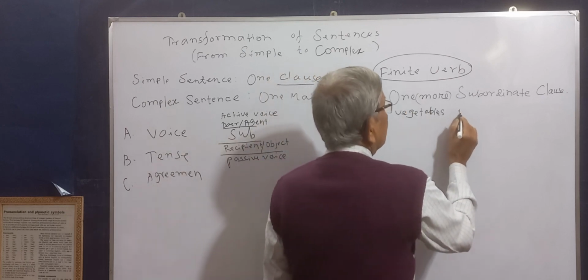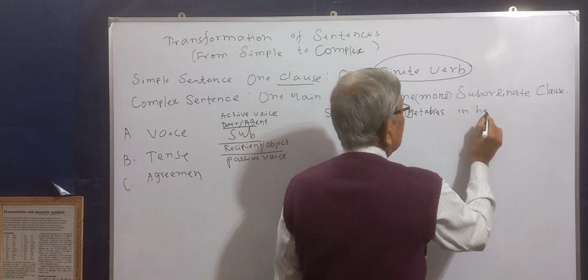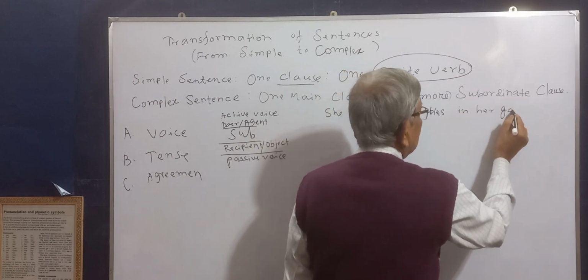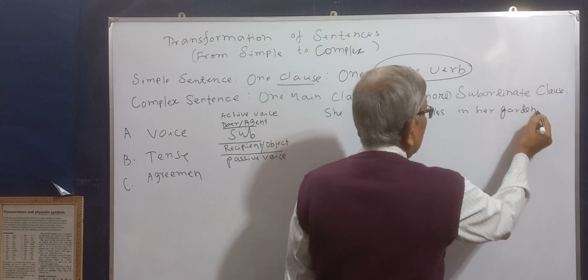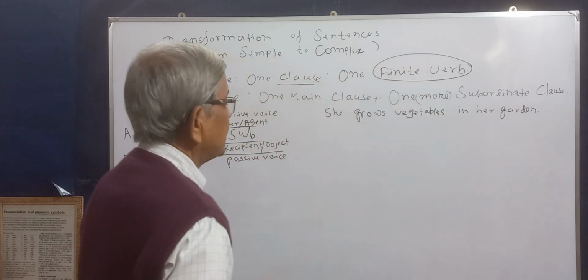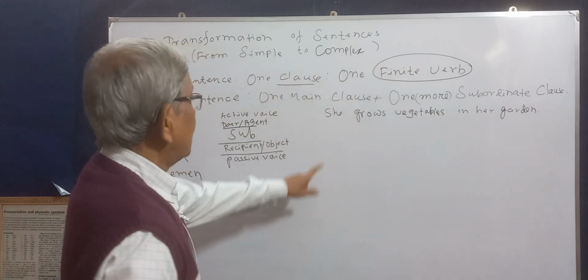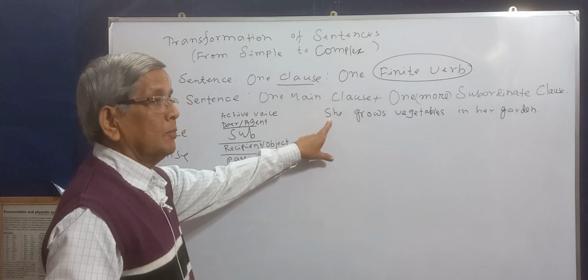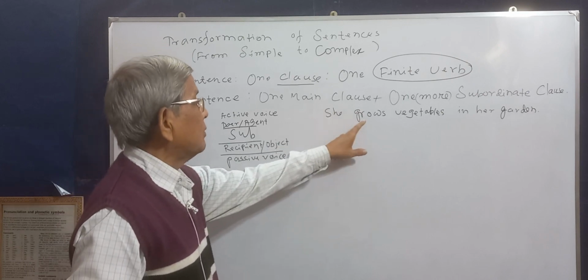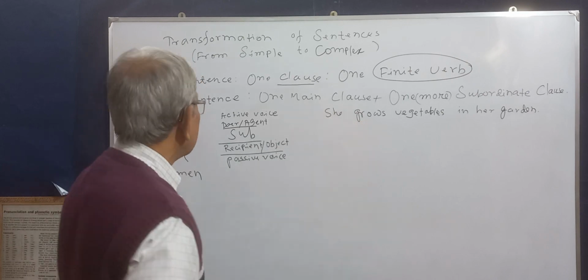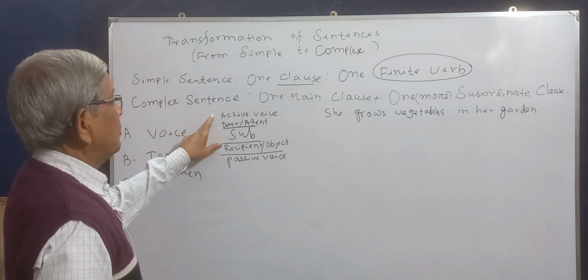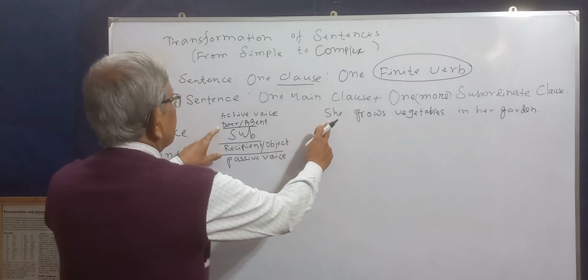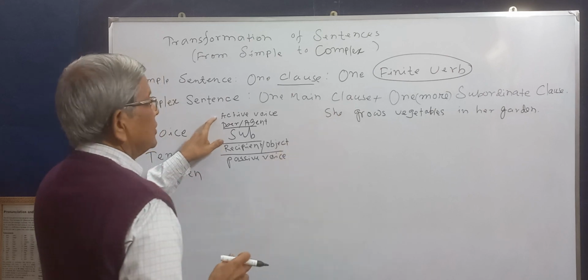She grows vegetables in her garden. The subject here, she, is the doer or agent of the action of the verb to grow. So our sentence is in the active voice. Doer subject, so the voice is active.